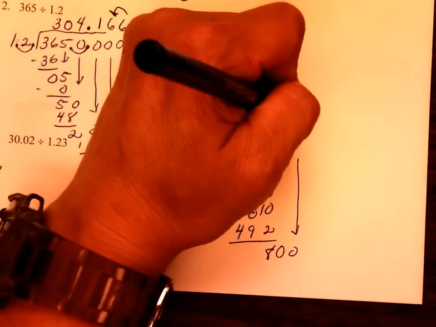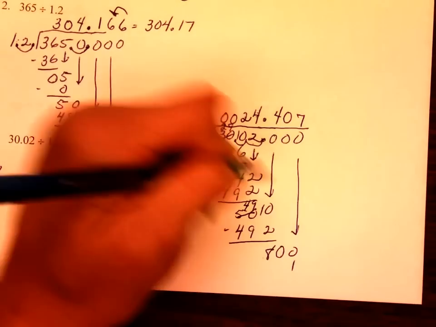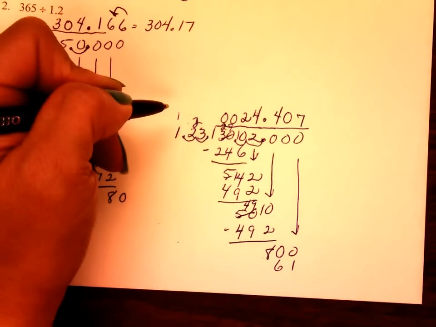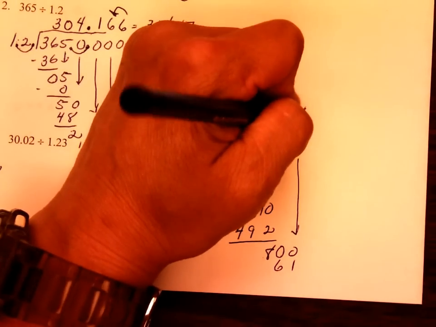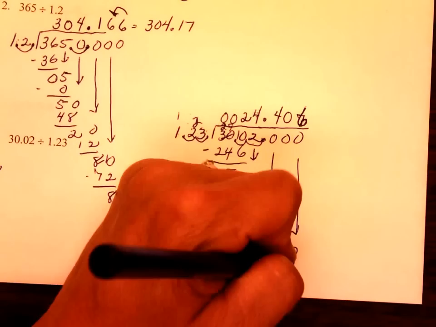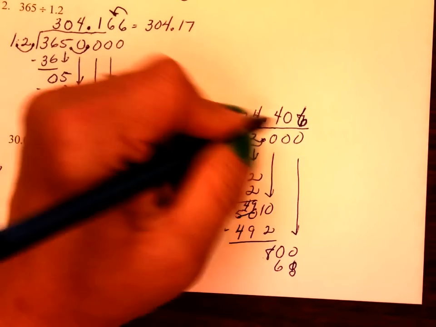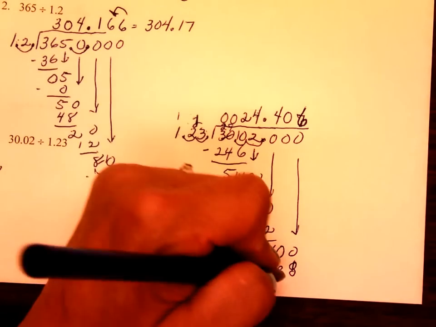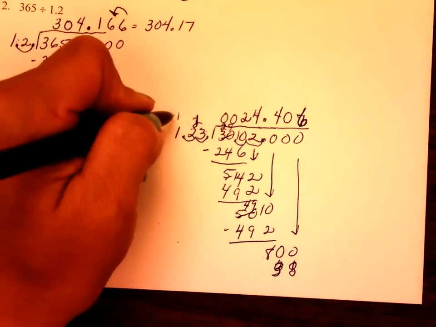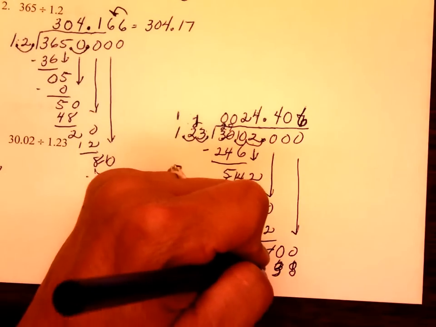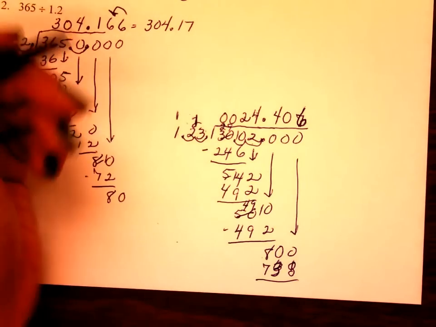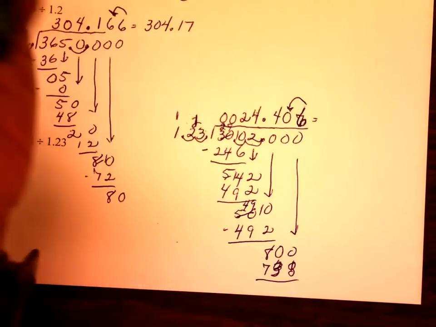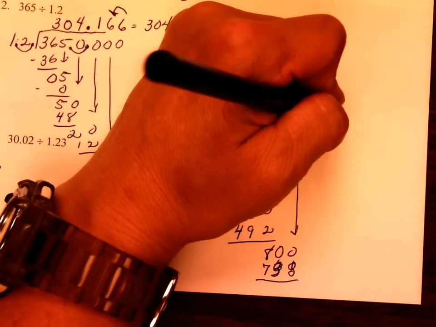Let's try 7. 7 times 3 is 21, carry the 2, 14, 15, 16, carry the 1. So it has to be 6 times. 6 times 3 is 18, carry the 1. 6 times 2 is 12, plus 1 more is 13. And 6 times 1 would be 6, plus 1 is 7. Alright, this 6 is going to tell this 0 to go up 1, so my answer is 24.41.